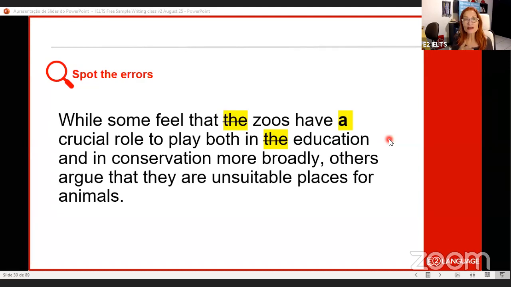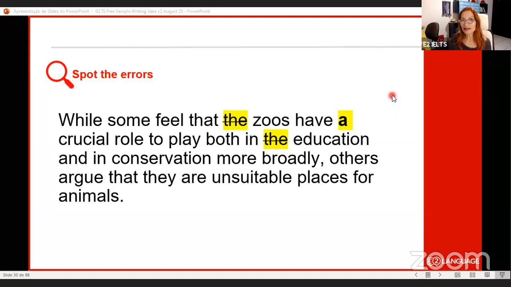The article the is to make something specific, okay? And the article a goes with the noun when it's singular and non-specific. The fact that education is an uncountable noun does not influence the use of the article. I could use the education in Canada, okay?